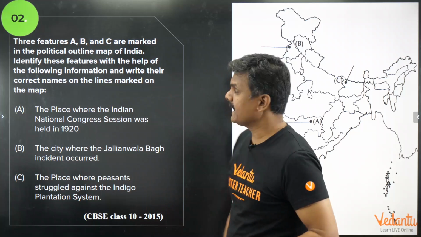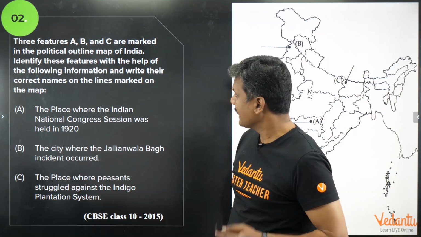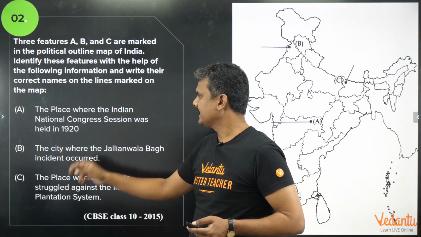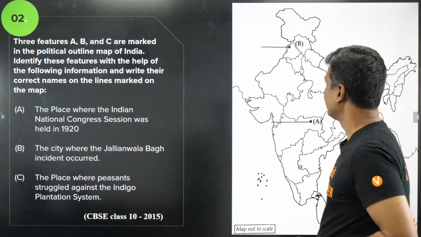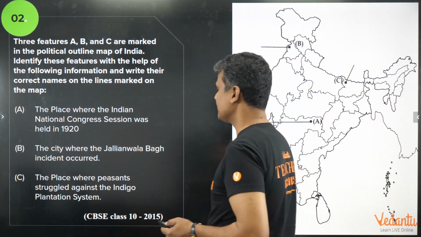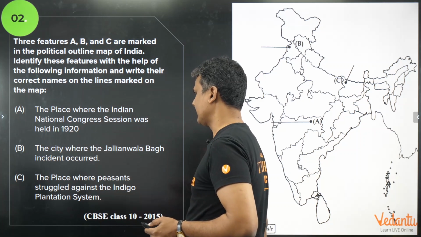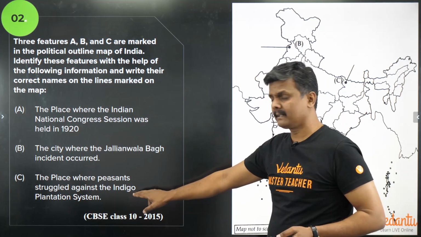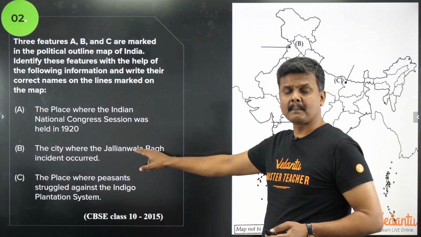Right. Next question. Three features A, B, C are marked in the political outline map of India. Identify these features. The place where the INC session was held in 1920. In fact, there were two places. The city where the Jallianwala Bagh incident occurred, the place where peasants struggled against the indigo plantation. Obviously, we will clearly know this is the Champaran movement, that is in Bihar, right? And this is Jallianwala Bagh, which is in Amritsar.